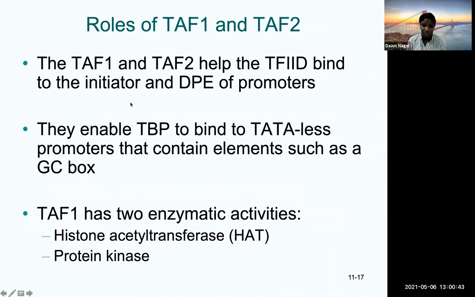However, for promoters that do not contain that TATA box, these TAFs are important because they help TFIID to bind to other elements within that core promoter. And these elements are either the initiator or the DPE elements within the promoters that these TAFs recognize. They can also recognize promoters that have a GC box, which is another element within the promoter.